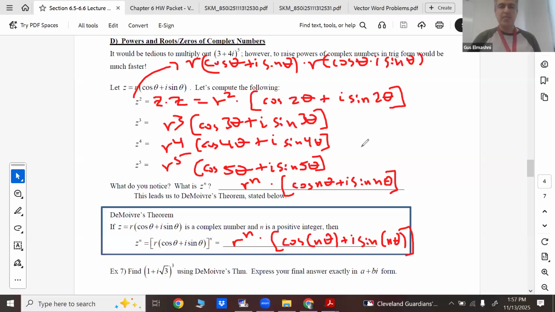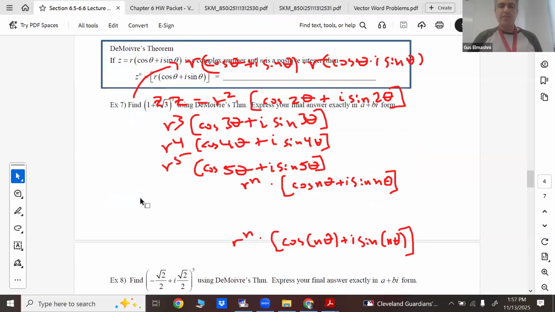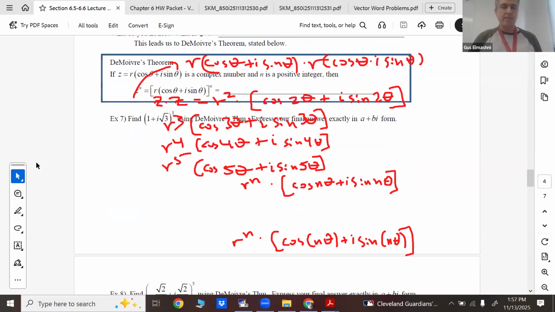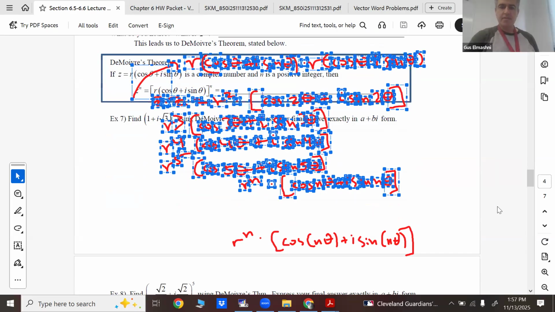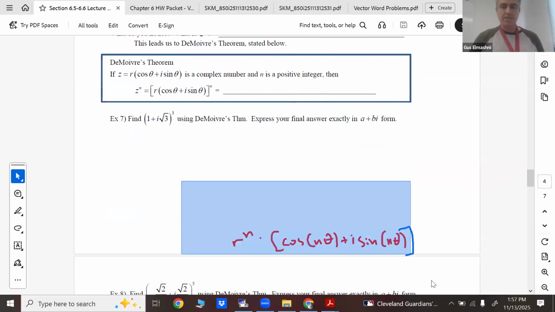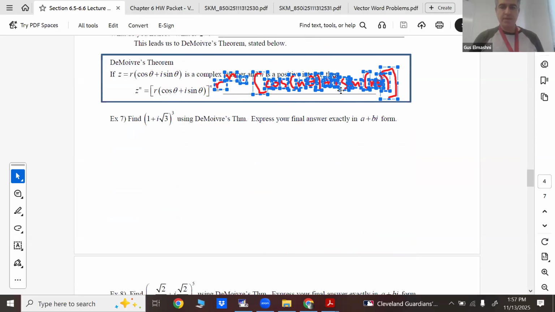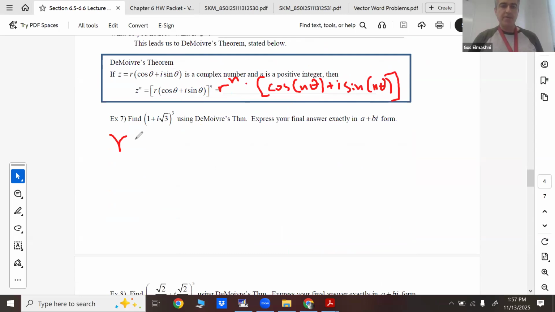So here, let's try it now. What you need to do first is figure out what r is, and figure out what theta is. What's r here? Or the absolute value of z, same thing. 2.